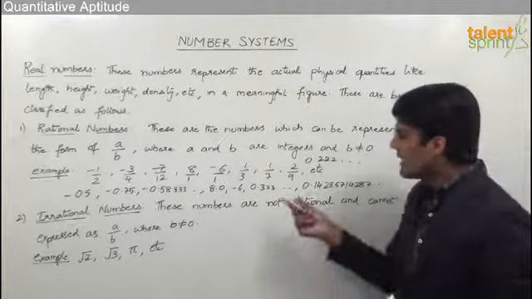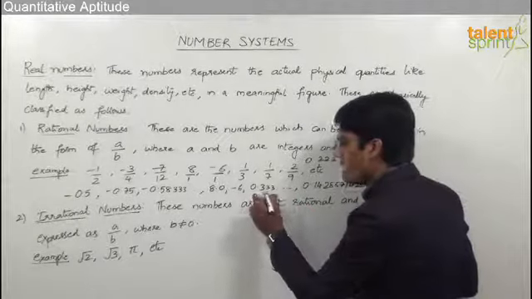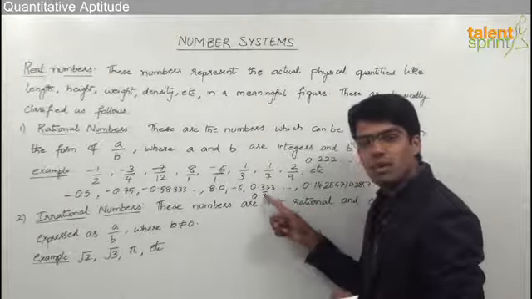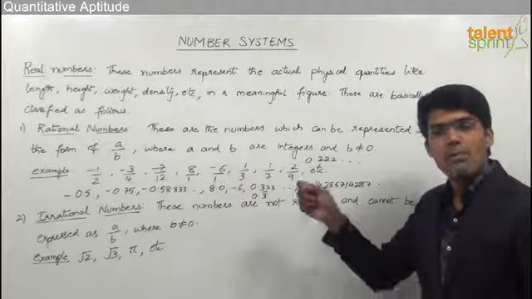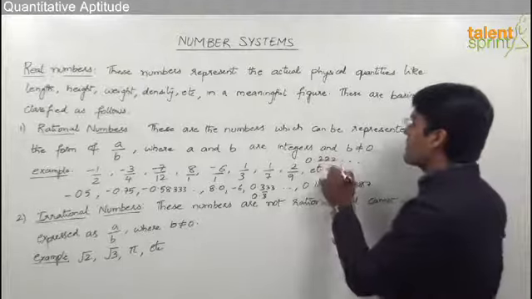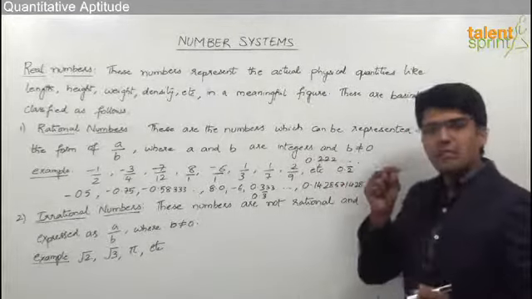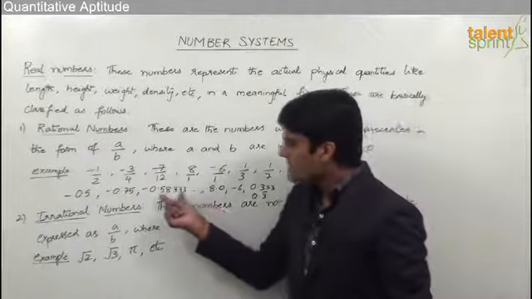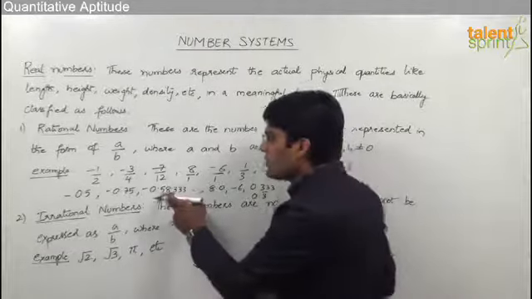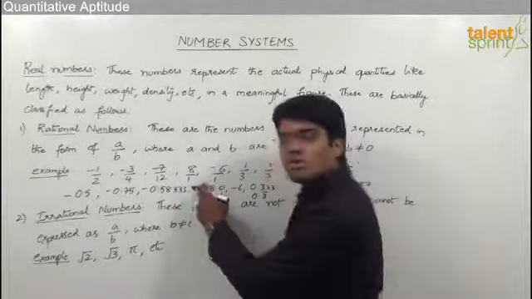For example, if you look at 0.333, this is nothing but 0.3 bar. That means this digit 3 occurs again and again at regular intervals up to infinity. Similarly, in case of 0.22, it can be taken as 0.2 bar. Why? Because here the number 2 occurs again and again at regular intervals. And if you look at 0.58333, up to 5, 8 it is fine, but after 8 the number 3 goes on up to infinity.